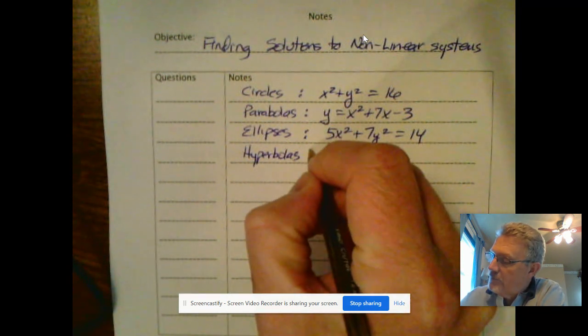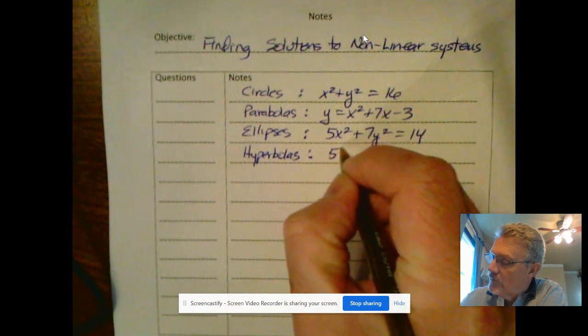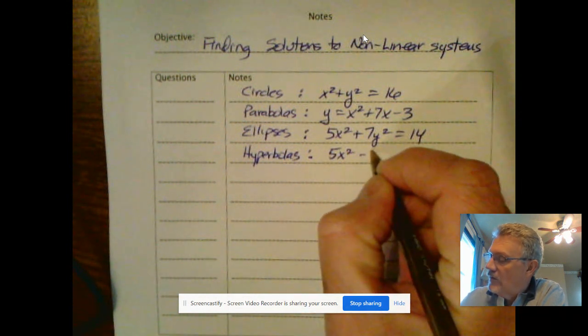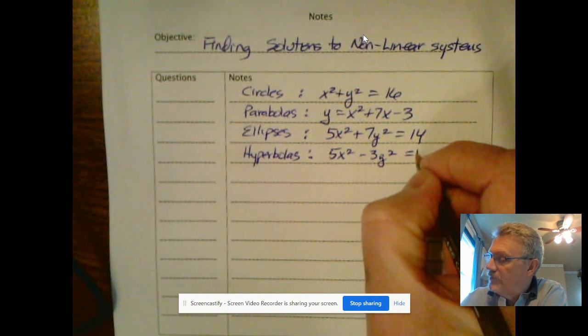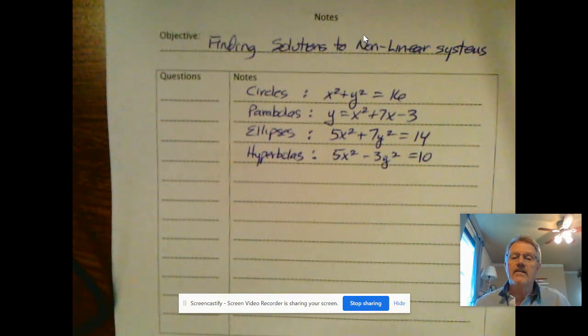And then a hyperbola, they're not going to have the same sign on the same side of the equation. So one's going to be positive, one's going to be negative. So what we're talking about is an intersection of a line with one of these kinds of equations.